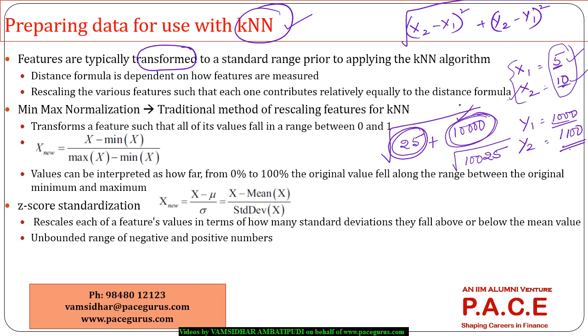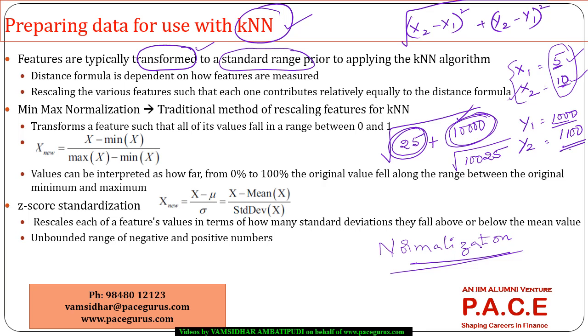To avoid this size problem, people came up with a mechanism where we transform each and every variable into a standard range, which we call transformation, or typically normalization, so that all the observations carry a uniform range. Size does not really matter in these aspects. So that is the first step we cannot ignore when using the KNN algorithm.